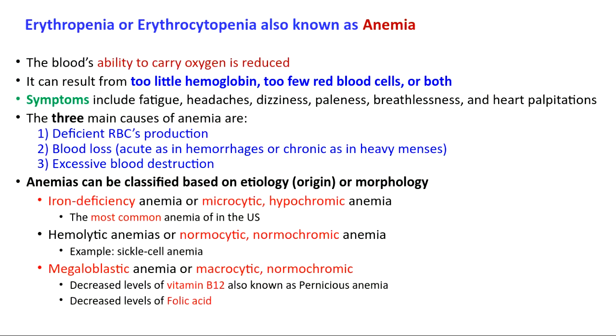And then megaloblastic anemia. Megalo means big, and blastic is formation. In megaloblastic anemia, the characteristic morphology of the cells is macrocytic. The red blood cells are big, big, big, and they are normal color.